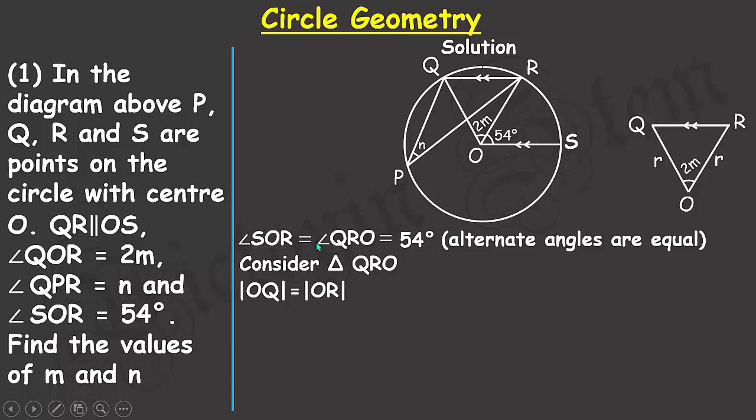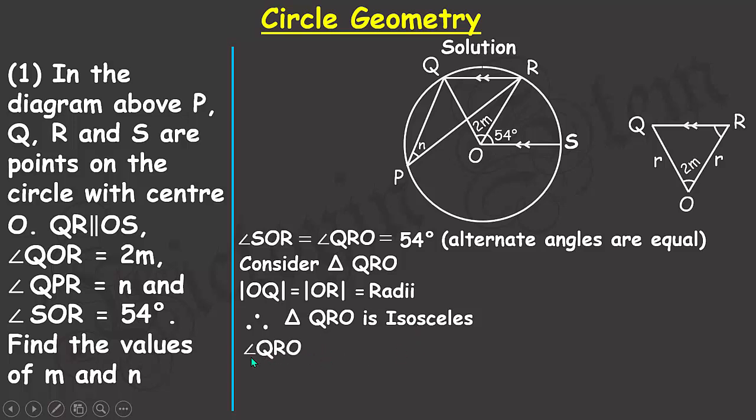Because in the question, I was told that O stands for the center of the circle. So any line drawn from the center to any point on the circumference of the circle is called the radius, meaning OQ equals OR, and both are radii. The plural of radius is radii. Okay? If that be the case, I can say triangle QRO is an isosceles triangle.